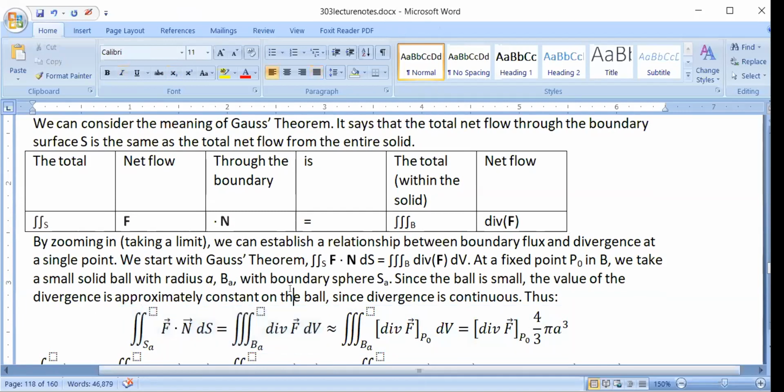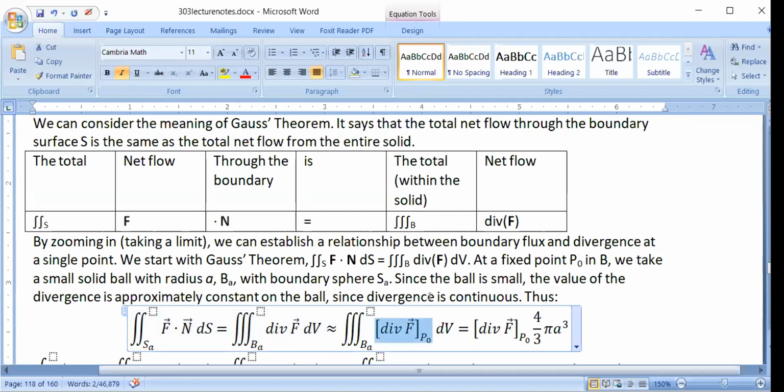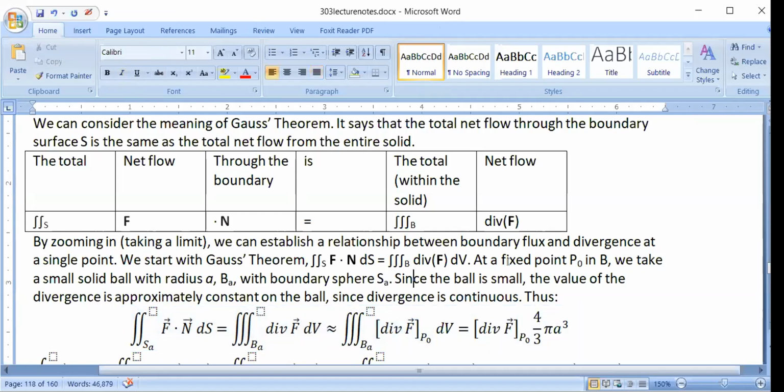But now we're saying my ball is so small, divergence of F is approximately a constant, meaning all the same value as at that point, which I call P0. So if it's just a constant, this is just that constant times the triple integral dV. And triple integral dV, of course, is the volume. And the volume is, since it's a filled-in sphere, 4/3 pi a cubed. My radius was a. And of course, remember, all this is an approximation. It's not literally equal.